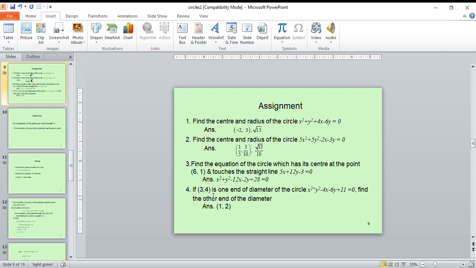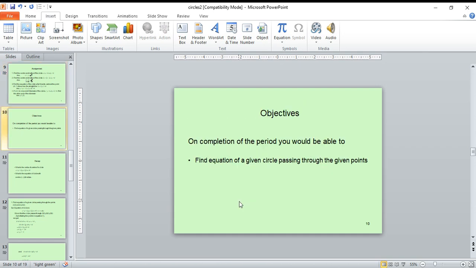This is the center, and using the circle equation we find the other center. Compare these two centers, and then find x2 and y2 of the other end.